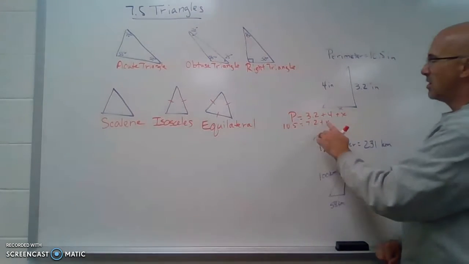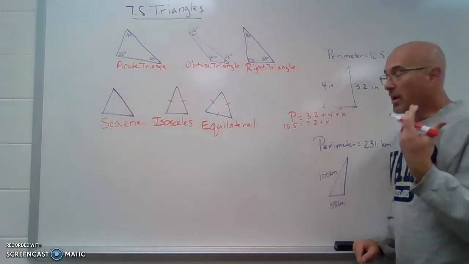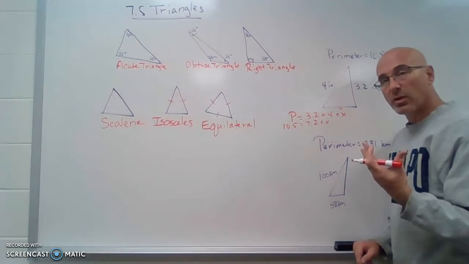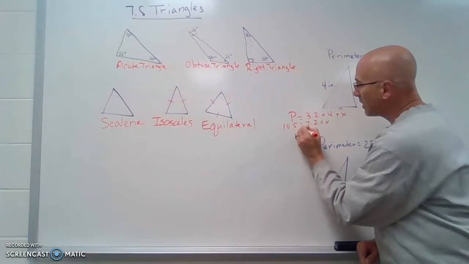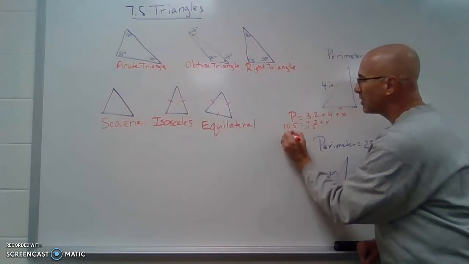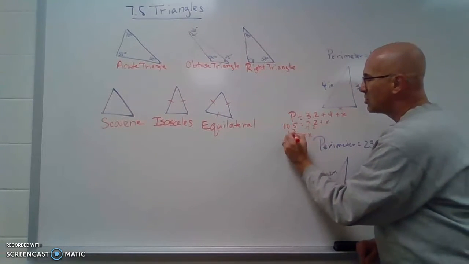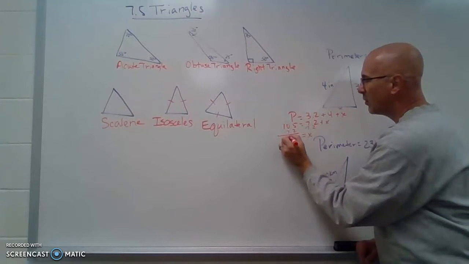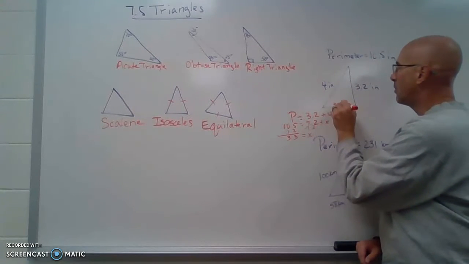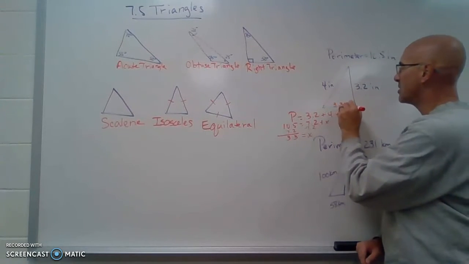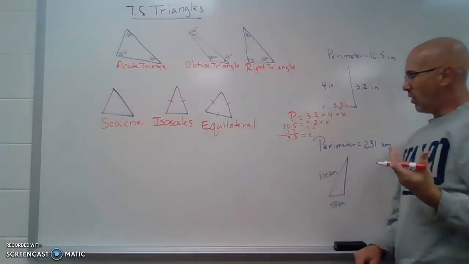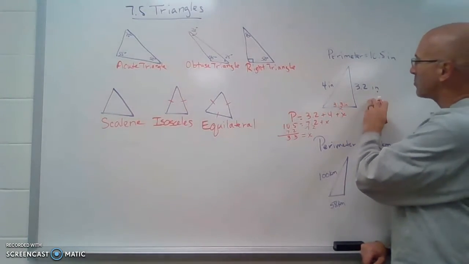So now we have an equation, a one-step equation. We can solve this. So what we can do is we can subtract 7.2 from both sides. And when we do that, we get 3.3 inches.